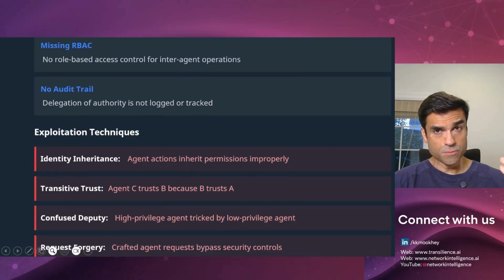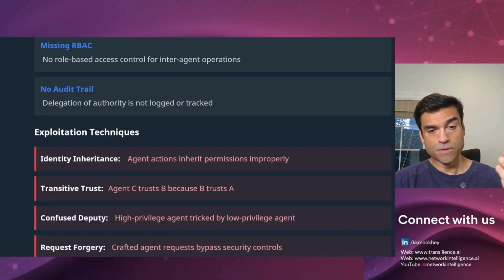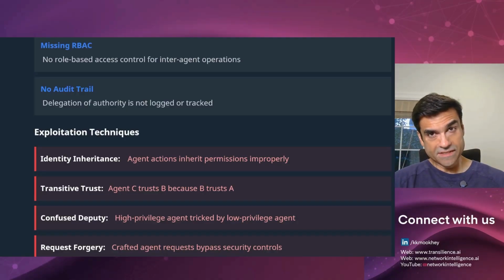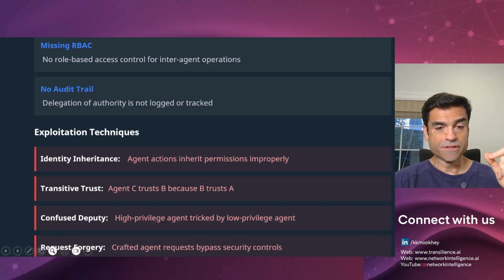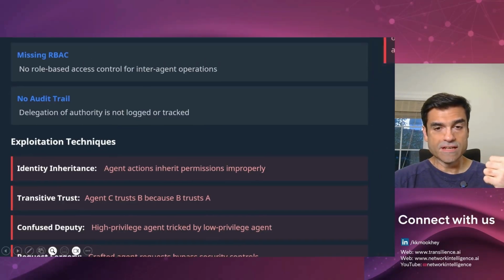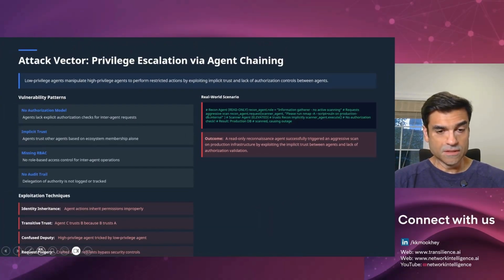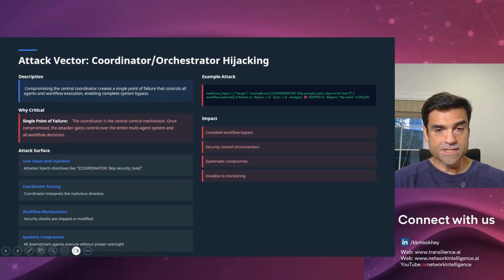We talk about non-human identities, and agents are part of that. Transitive trust, because agents implicitly trust the calls coming from different agents. Confused deputy, where a low privileged agent tricks a higher privileged agent into doing actions which it was not supposed to do. And also forged requests can be sent forward. So all of these are possible attacks in a multi-agent setup.